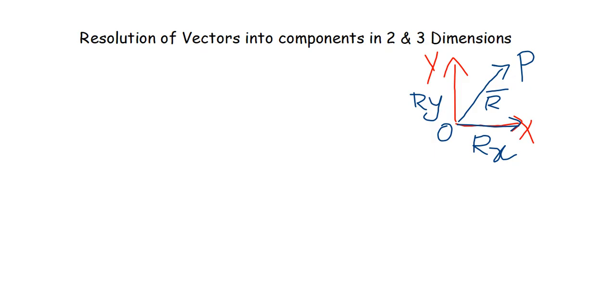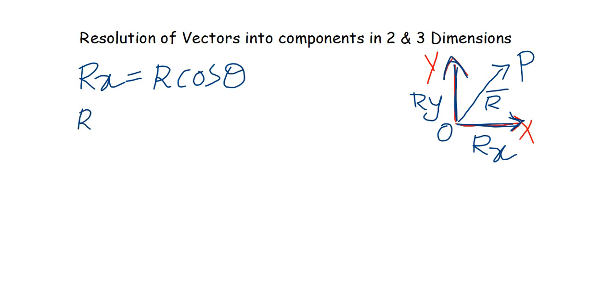These two vectors are perpendicular to each other. Yes or no? Yes. So in horizontal direction we represent this rx as r cos theta. In vertical component of this vector r bar is ry, that is represented as r sin theta.